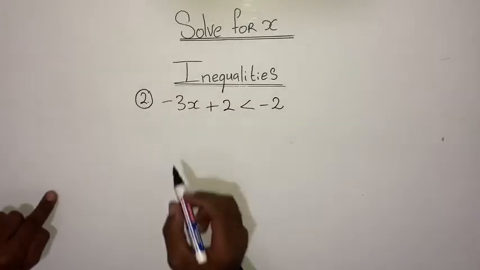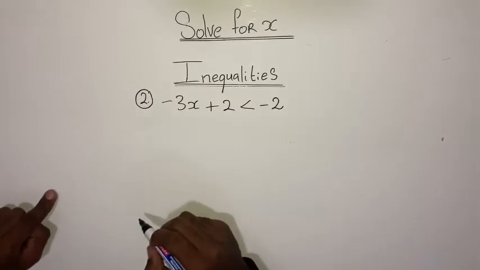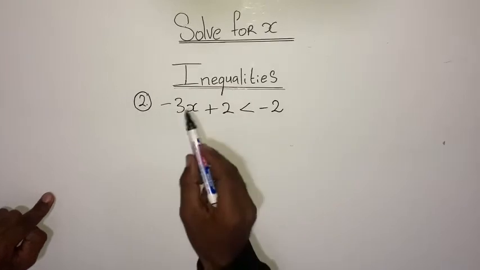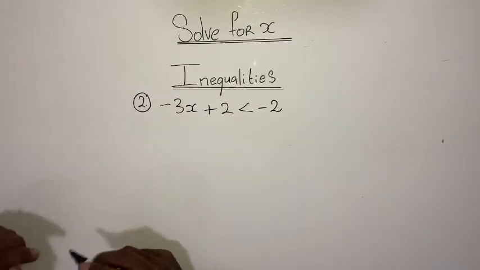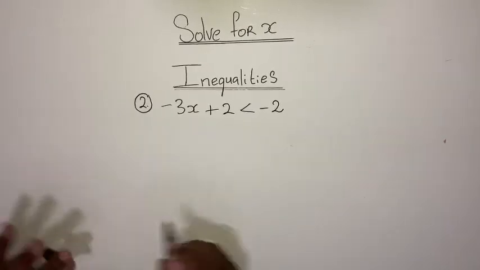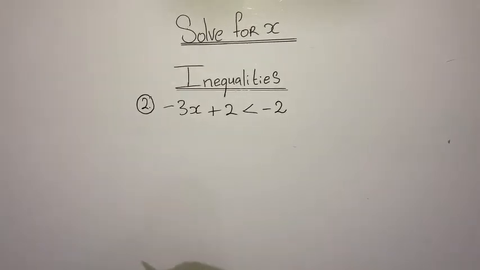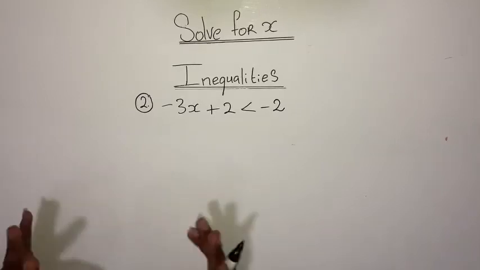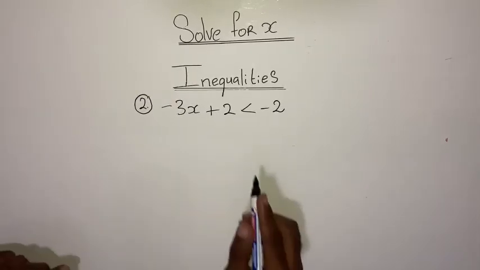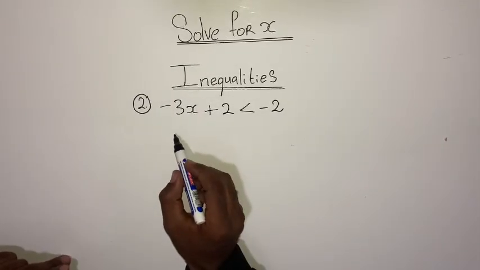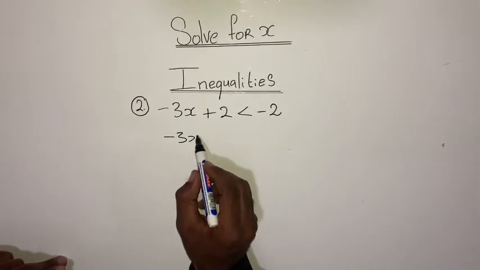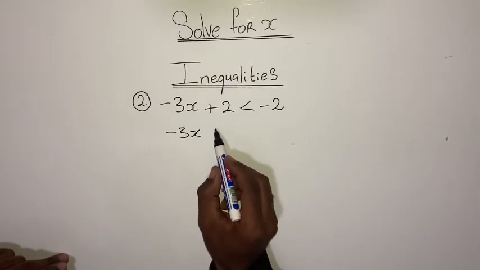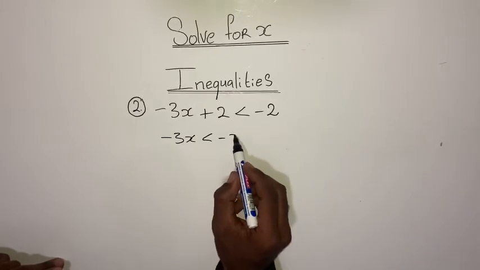In this instance, we can see that our x is to the power of 1, meaning that we won't have to draw a number line. So we'll just go on to solve for x, meaning that we start with our negative 3x being less than negative 2.